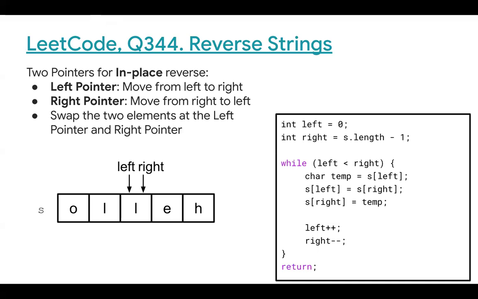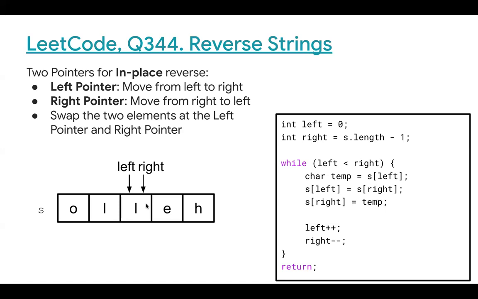We want to keep doing this as long as the left pointer and the right pointer are not at the middle. What do we mean by they are not at the middle? When they are in the middle, like what is shown here, they will be equal.